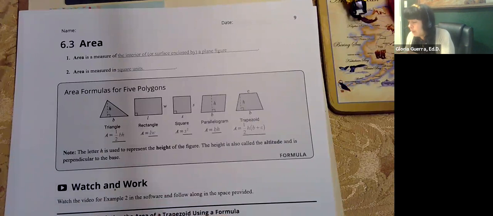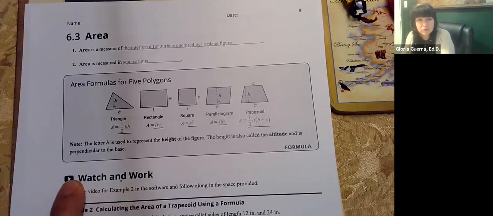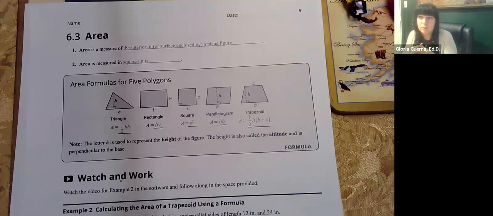I believe these watch and work videos are not in your ebook. Your ebook in Hawkes Learning is another reference for you to see some practice problems worked in the pages.